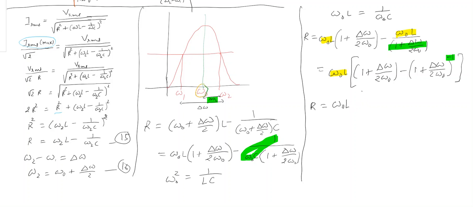can be written as 1 plus delta omega by 2 omega 0 minus 1 minus delta omega by 2 omega 0. What I have done? I applied binomial theorem to the second term and neglected higher order terms.